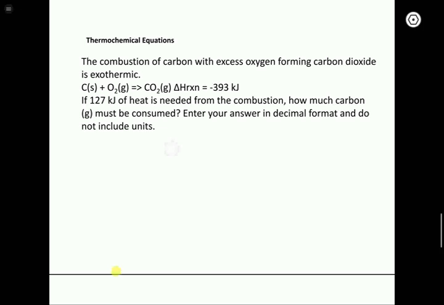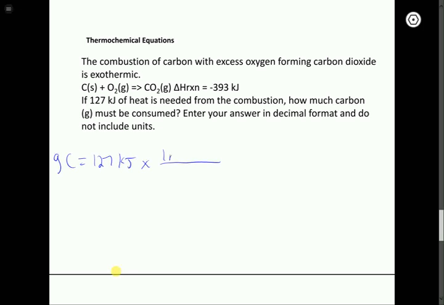So if we want to do this, we're just sort of setting up a stoichiometry problem. We're looking for the mass of carbon that's required to produce 127 kilojoules of heat. So if we want 127 kilojoules, we know from our balanced thermochemical equation that for every mole of carbon that's burned, so we have a coefficient of 1 in front of carbon, that gives us 393 kilojoules.